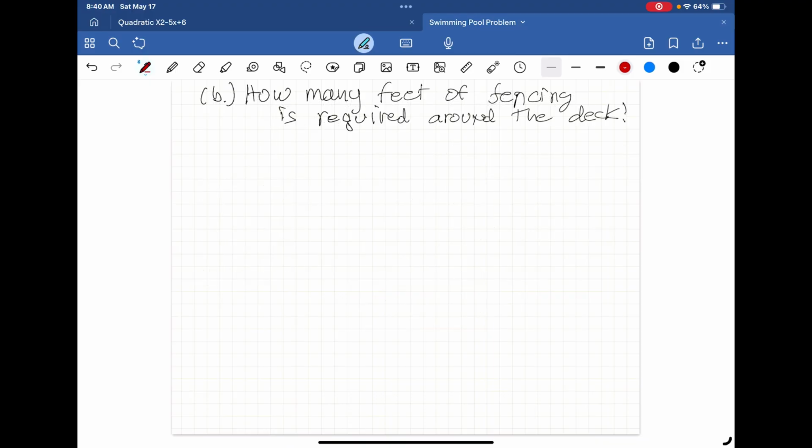Now in part B, we want to calculate how many feet of fencing is required to go around the deck. So here we're going to calculate the circumference. And the formula for the circumference is 2 times pi times the radius. So we've got 2 pi, and then we know the radius is the 13 feet because that's the outside of the pool plus the decking. So that's equal to 26 pi, just multiplying that out. Let's use our calculator.